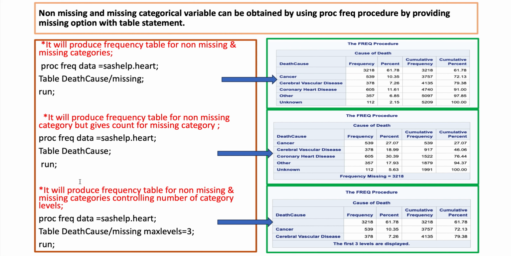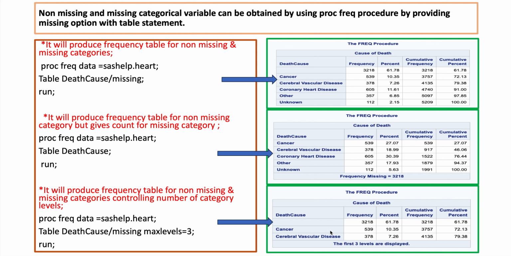Let me go through the third set of code. PROC FREQ data=SASHELP.heart; tables DeathCause / missing maxlevels=3; run. When we run the third set of code, it will generate the result as shown on the right side, third table.